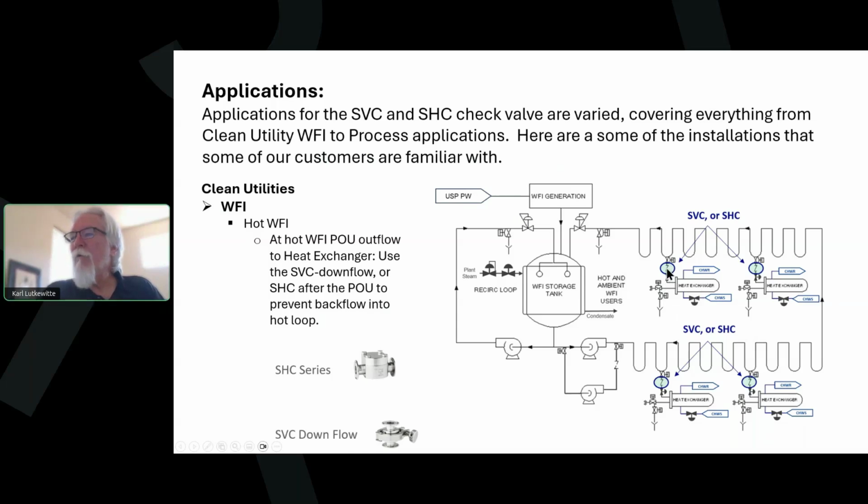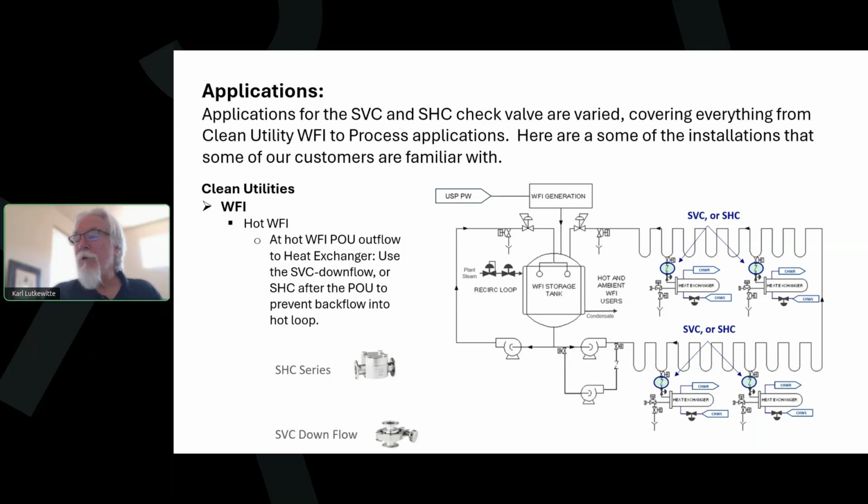So this prevents, in the rare occurrence of a higher pressure event occurring downstream of the point of use, our check valve here will prevent backflow of WFI back into the loop, which you never want to occur. When I first heard of this application, and another one you'll see in a minute, I thought to myself, how is that ever going to happen? It's a rare occurrence.